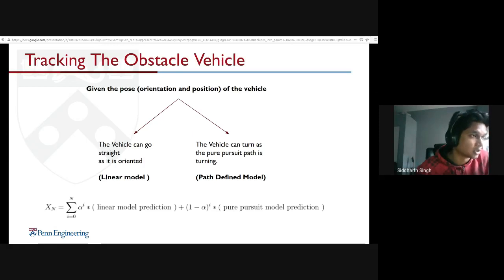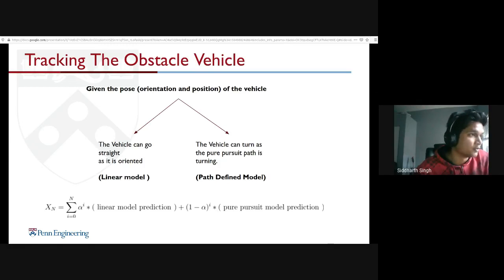The sum of this is 1. So suppose we set alpha to be 0, we will have entirely the pure pursuit model. And if we set alpha to be 1, we will have entirely the linear model. And this i, from 0 to n, is essentially the time steps.